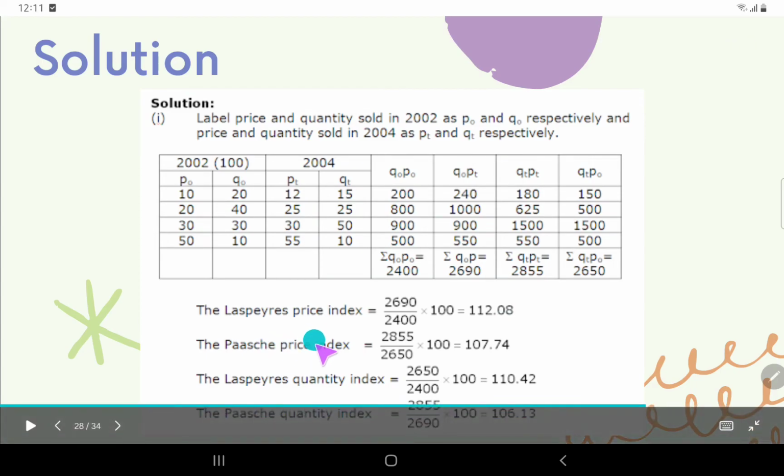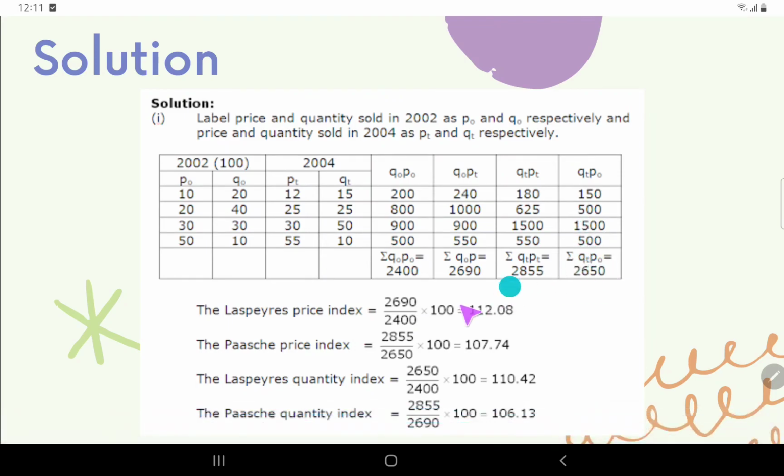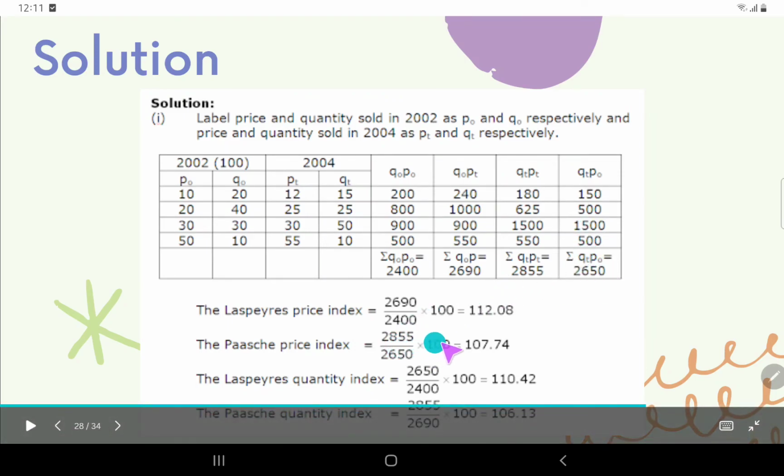For the Paasche price index, the formula is QtPt, which is 2855, divide by QtP0, which is 2650, and then multiply with 100. So this is the answer.